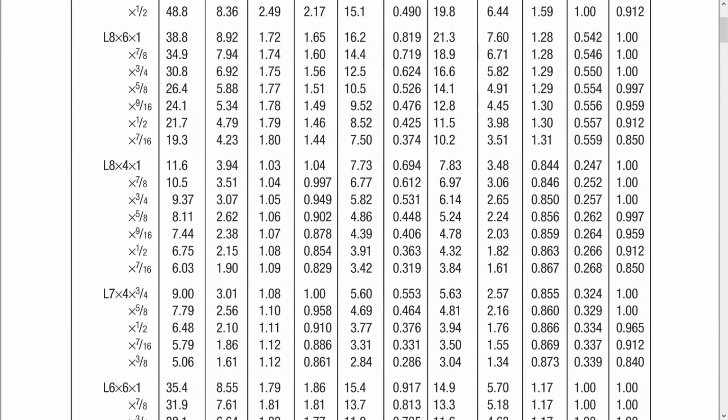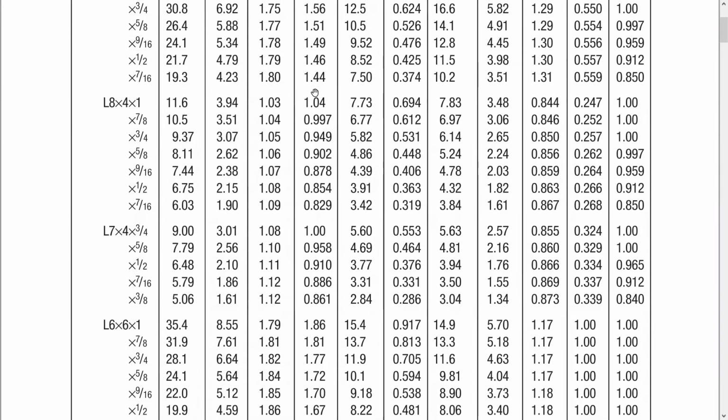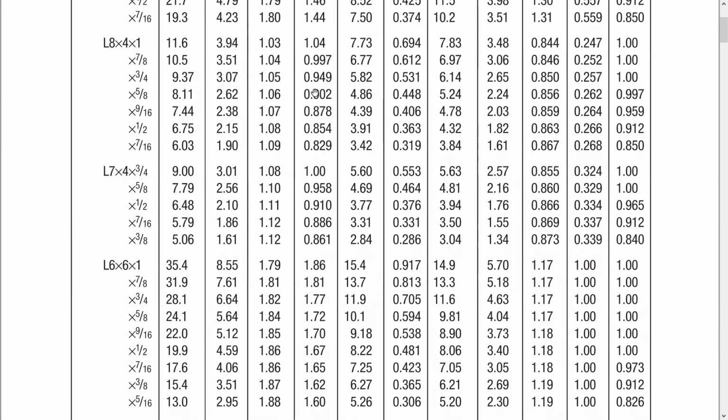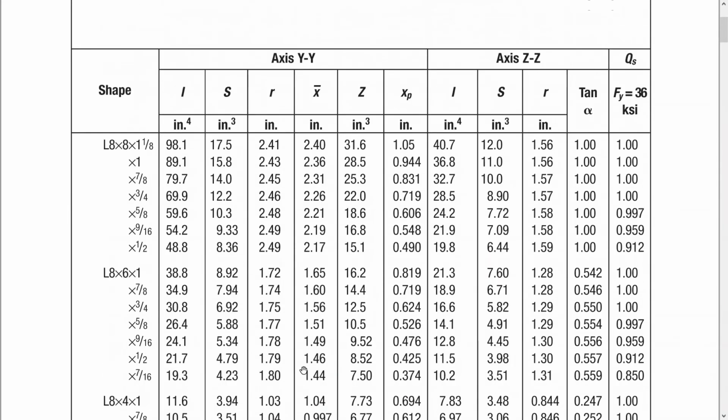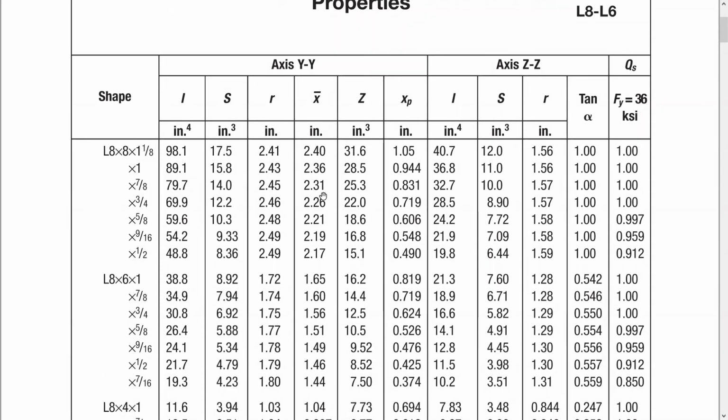I don't want to confuse you. It's this much. So for this one, since we are doing 6 by 6 by 1/2, it's 1.67 here. Okay, 1.67. So this is the X bar that we are looking for here. Okay, so we've done how to get X bar or the gross area.